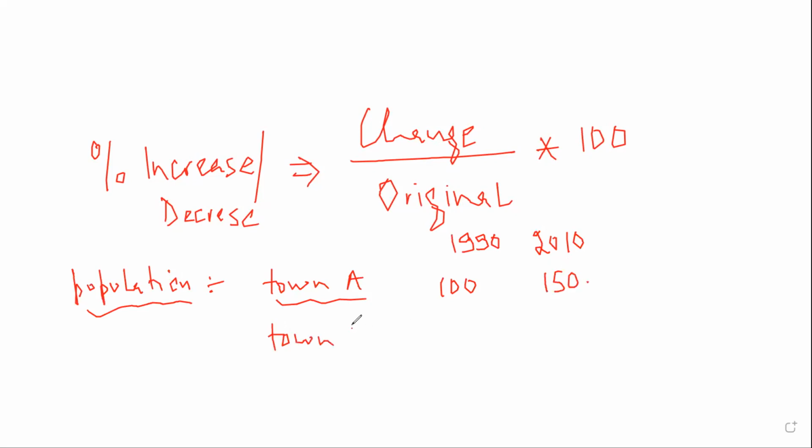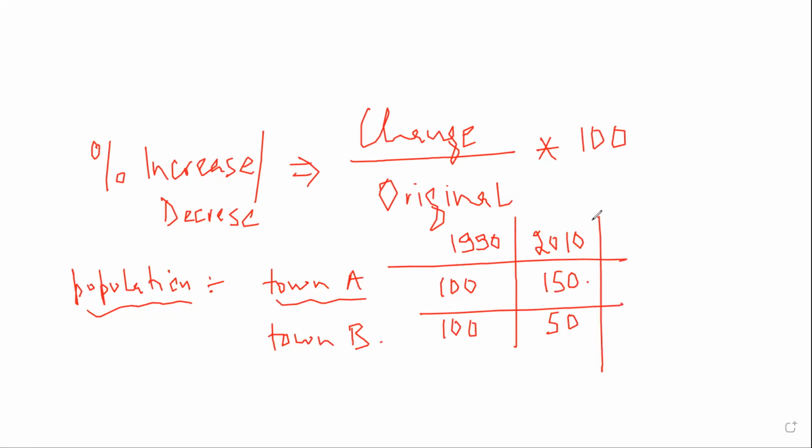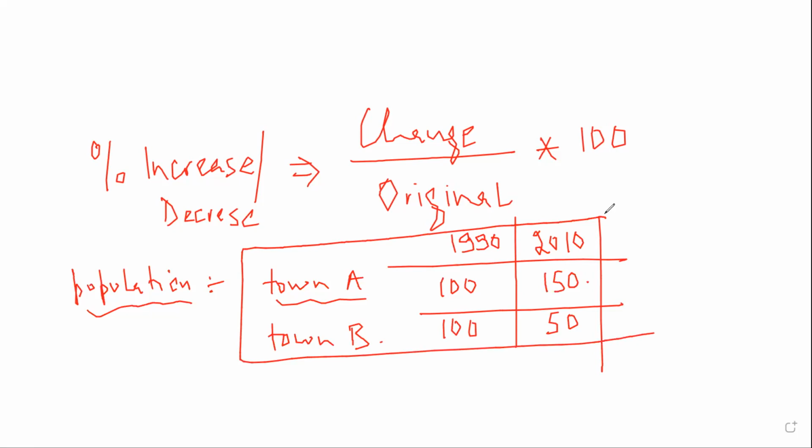And there is a town B. Here, in 1990, the population was 100, but in 2010, the population is 50. Sarthak, have you understood? Yes, sir. Now, this is a simple example just to illustrate how we calculate the percentages.